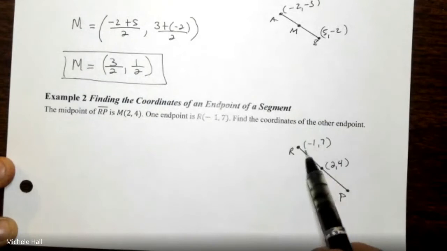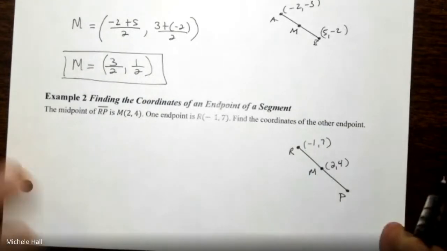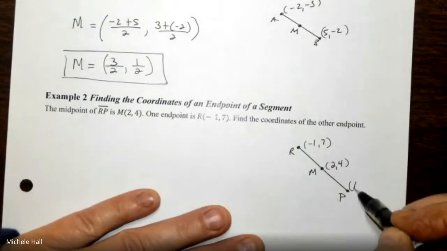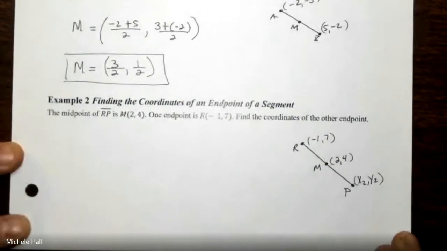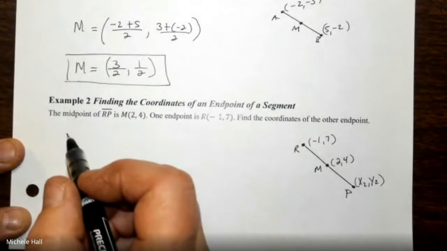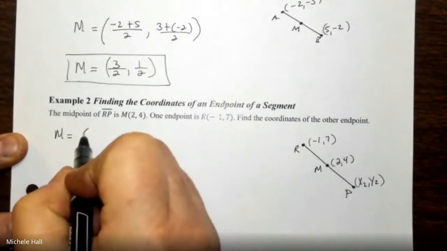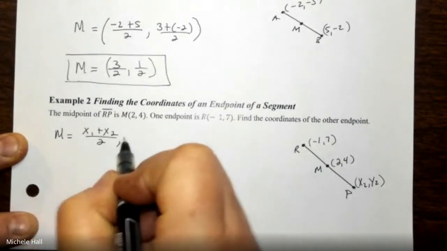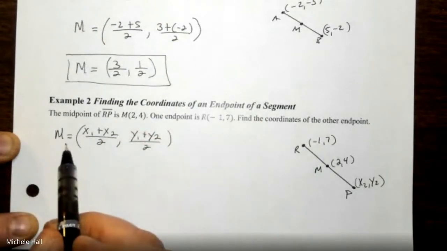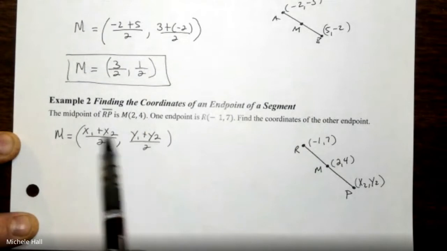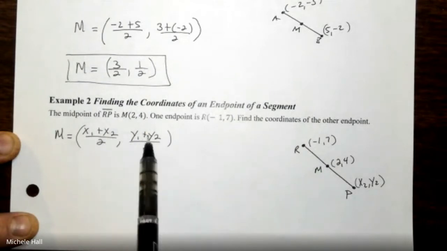We have x1, y1, and we are looking for x2 and y2. We don't have the second point. We have the midpoint, and we have x1 and y1. We're looking for x2 and y2.